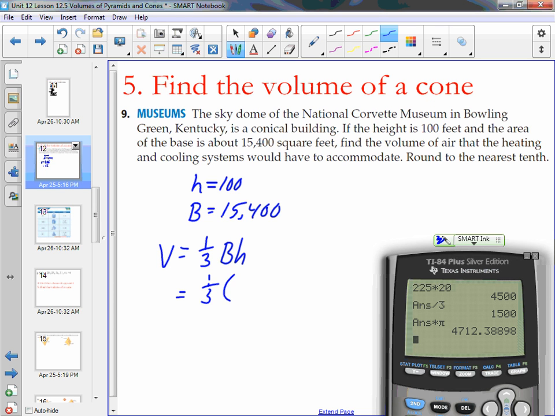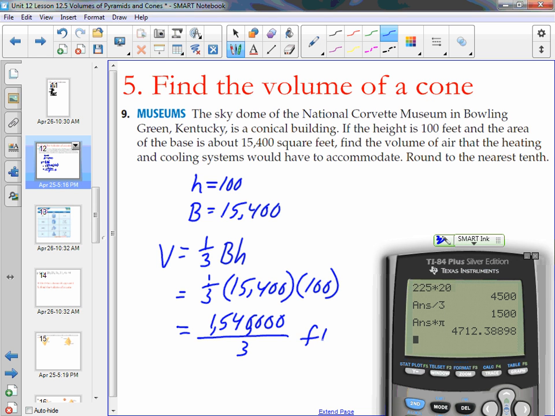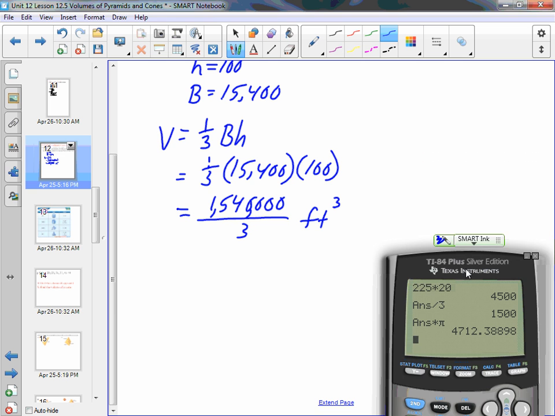Volume equals 1/3 times the area of the base times the height. So 1/3 times 15,400 times 100. And, well, 15,400 times 100, that'd be 1,540,000. So that'd be 1,540,000 thirds cubic feet. Now, they did tell us to round. We'll go 100.